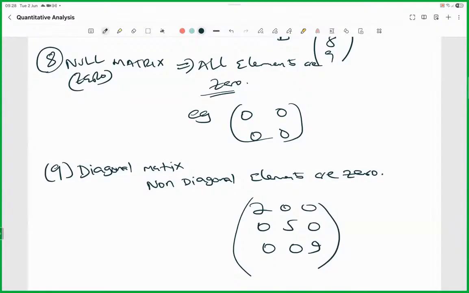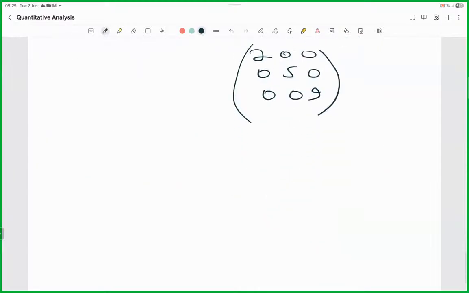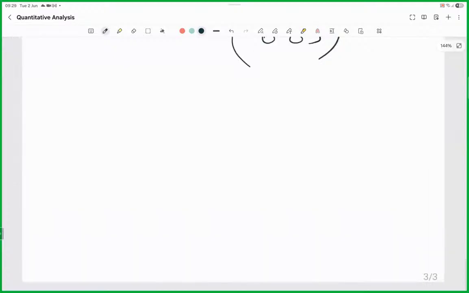Now then we go to matrix algebra. So when we talk of matrix algebra, what do we mean?